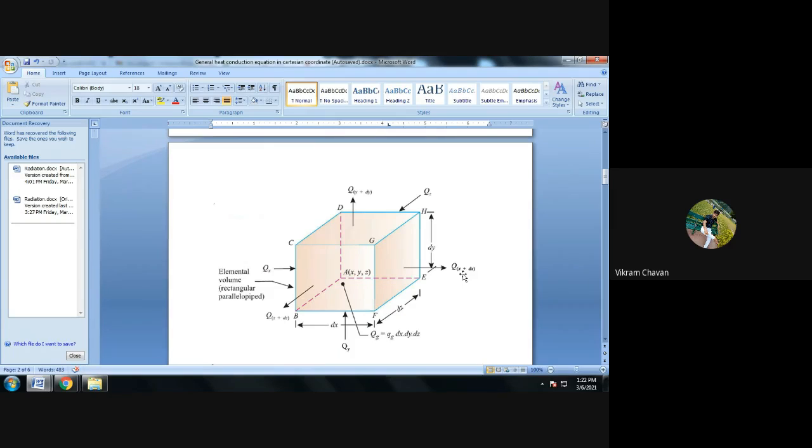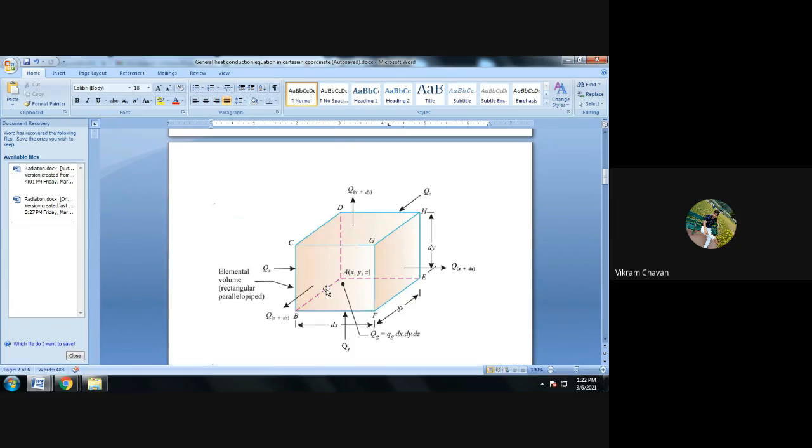So the change in heat will happen when it leaves in the x direction, from the opposite face. In a similar fashion, heat is entering in the z direction from this particular face, DAEH, and it is leaving through face BFGC.